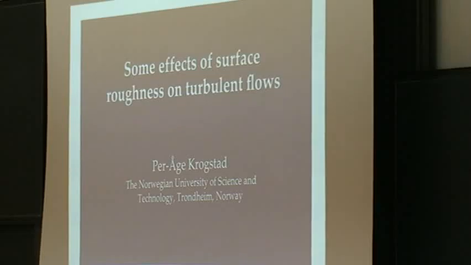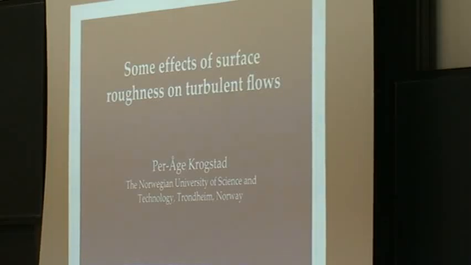Eventually that interest seemed to die out, maybe because it was too complicated. And there was rather little activity until the 90s, when we started to look at what the surface roughness does with the turbulent flow, or the turbulent structures.